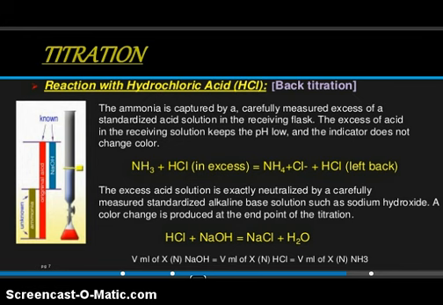The excess acid is exactly neutralized by a carefully measured standardized base solution such as sodium hydroxide. A color change is produced at the end point of the titration. So HCl plus NaOH gives sodium chloride and water. So V ml of X in sodium hydroxide is equal to V ml of X in HCl, which is equal to V ml of X in ammonia.